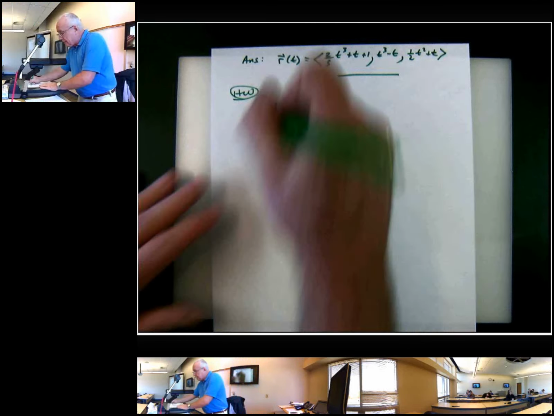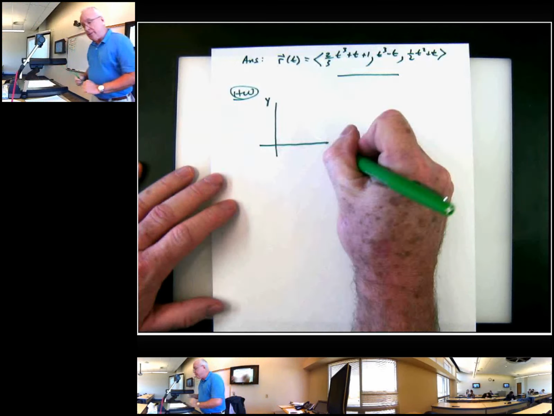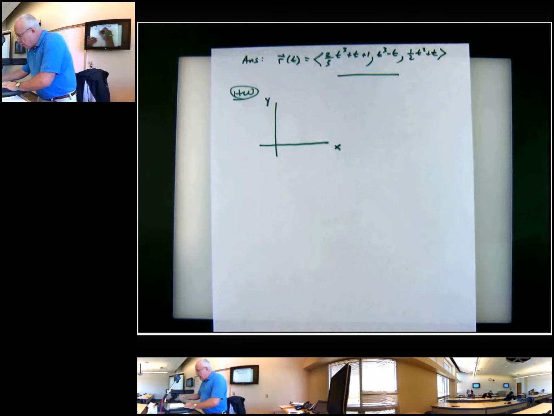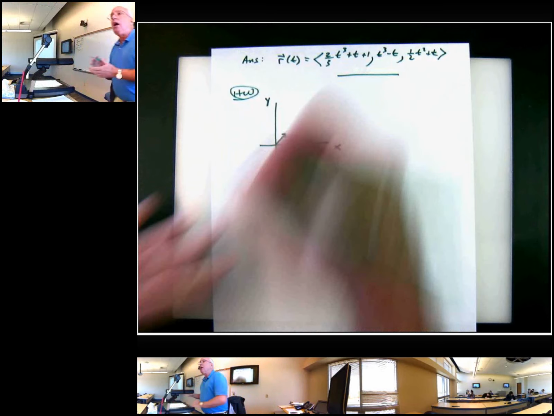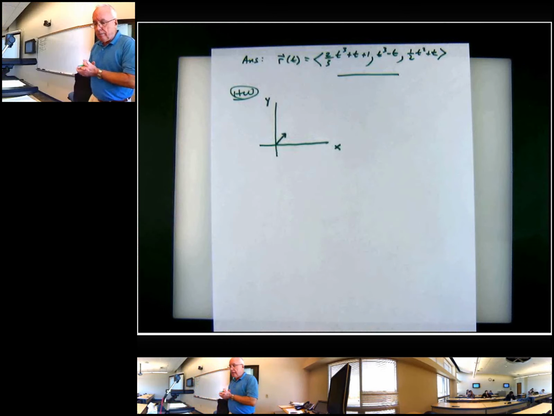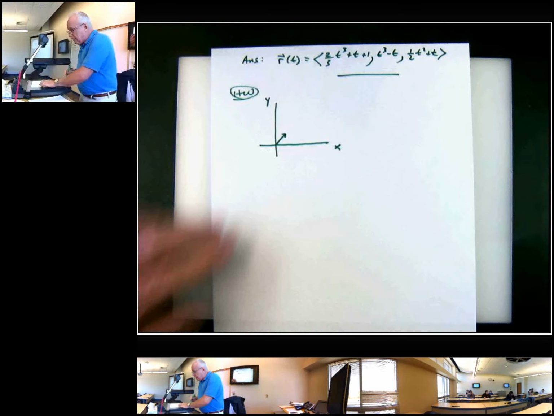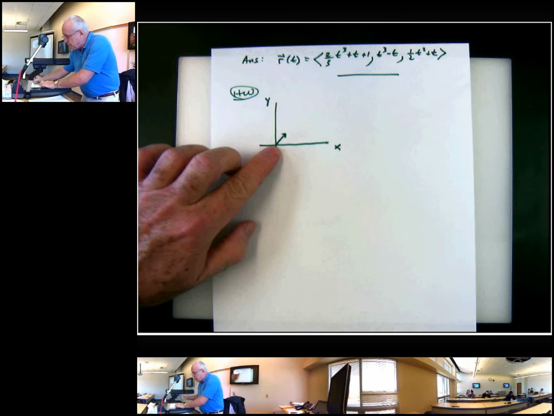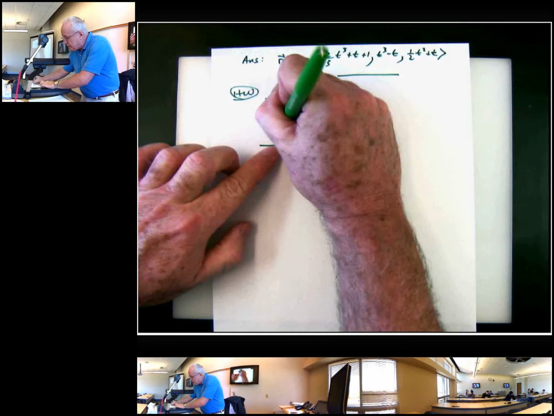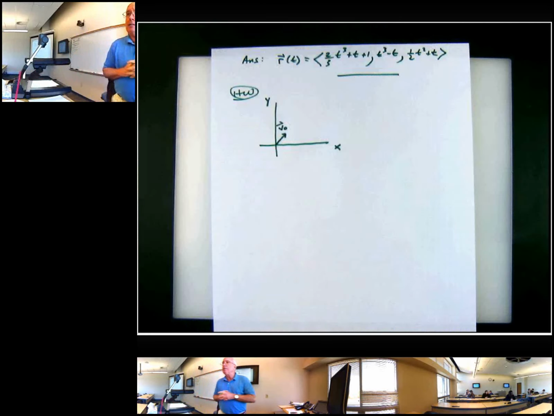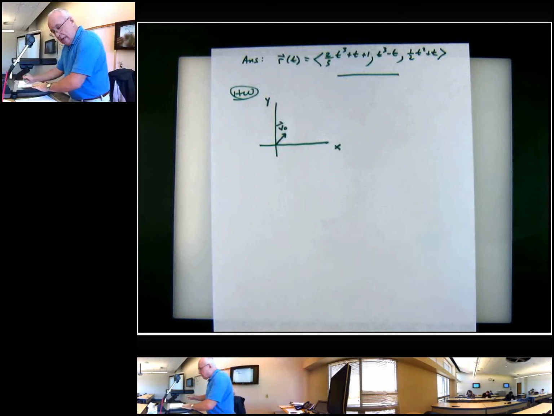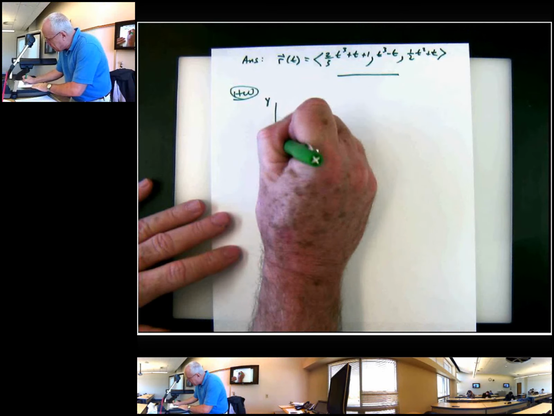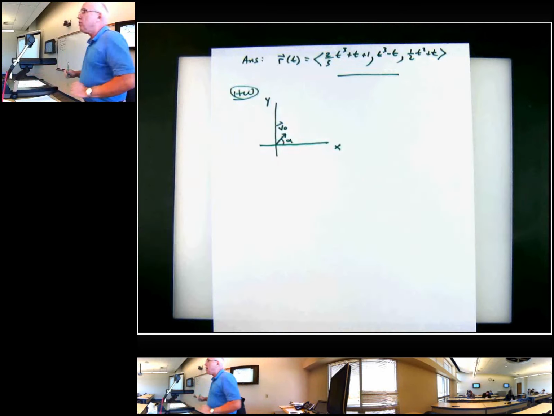So let this be the y-axis and this be the x-axis. And so we've got something that's being fired at a certain speed at a certain angle. So this velocity right here at x equals 0, we can consider our initial velocity vector. It's going off at an angle, and we're going to call the angle from the ground alpha.